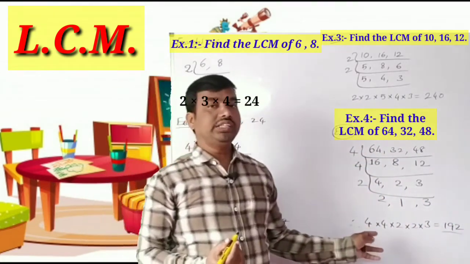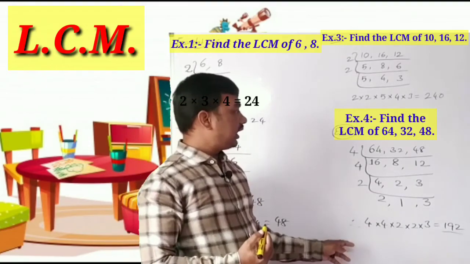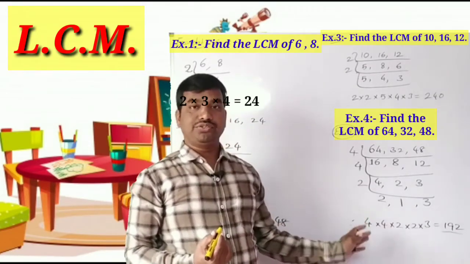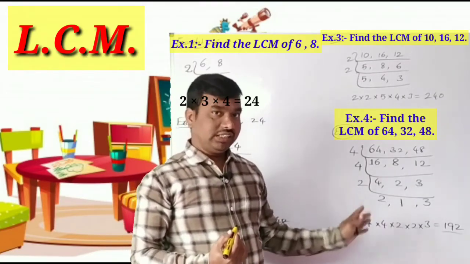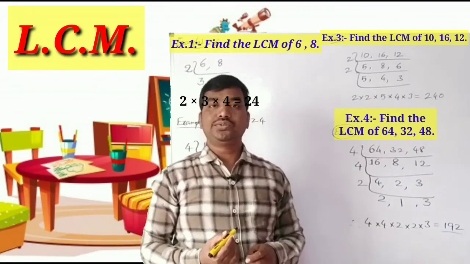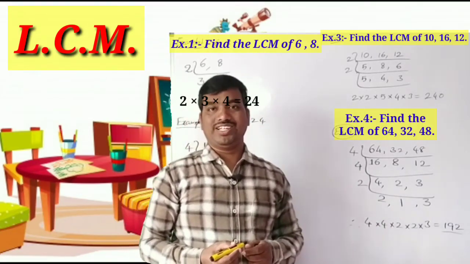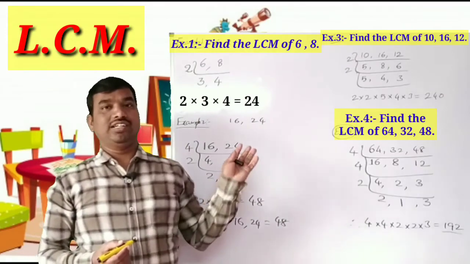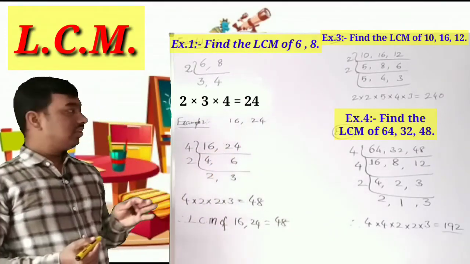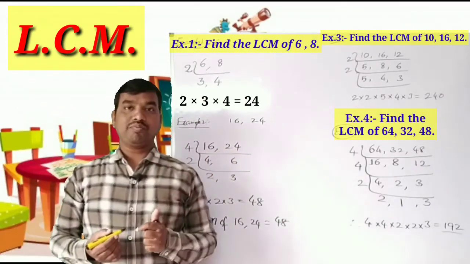So we can write the LCM of 64, 32, 48 is equal to 192. Okay, this is the division method, how to find LCM.